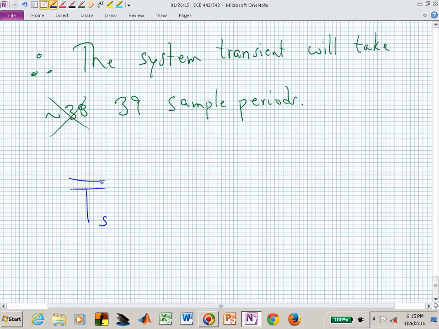Let's say that T sub s bar is now n times T. And I guess when I worked this some other time, I had a particular value of capital T. Suppose T was 0.04, 40 milliseconds. Then our settling time would have been 1.56 seconds in absolute time.